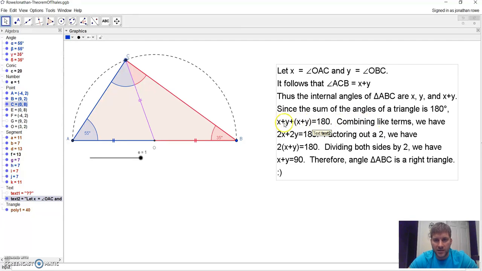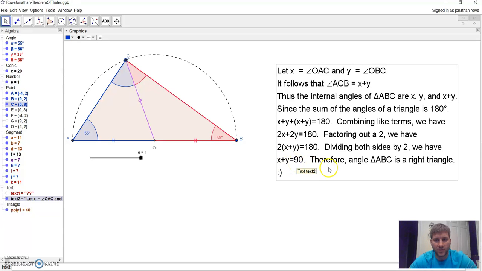Then we can combine these like terms, the x with the x, the y with the y, and we get 2x plus 2y equals 180. Okay, what can we do now? We can factor out a 2. If we factor a 2 out, then we have 2 times the quantity x plus y equals 180. Then we can divide both sides by 2, and it leaves us with x plus y must equal 90.